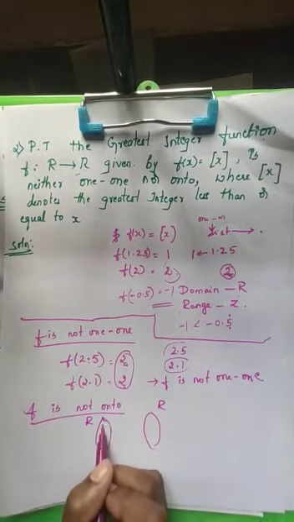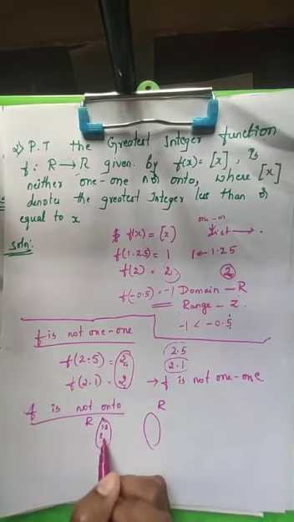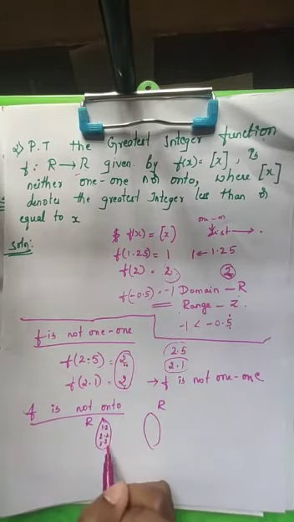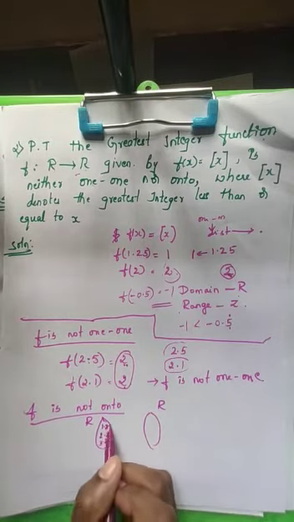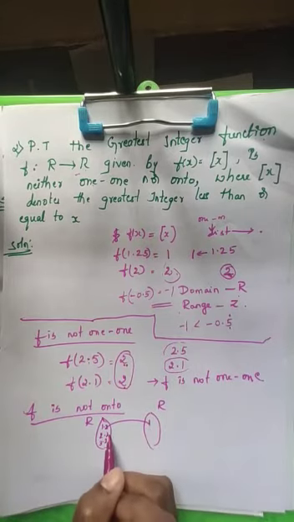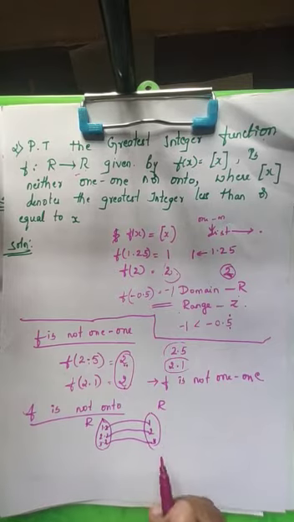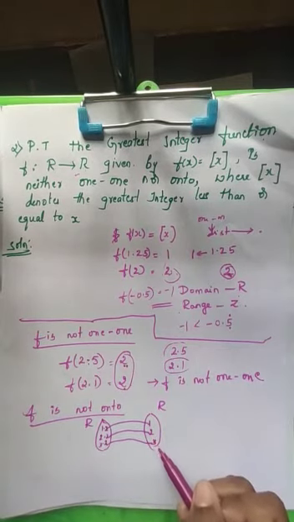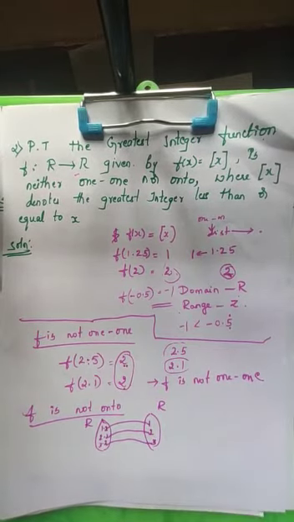If I take any number over here, 1.2, 2.2, 3.2, what is the image of 1.2? 1. What is the image of 2.2? 2. What is the image of 3.2? 3. So you can see that only integers are being taken as images, because of this function. What about the other non-integer real numbers? They are not the image of any number in the domain set.